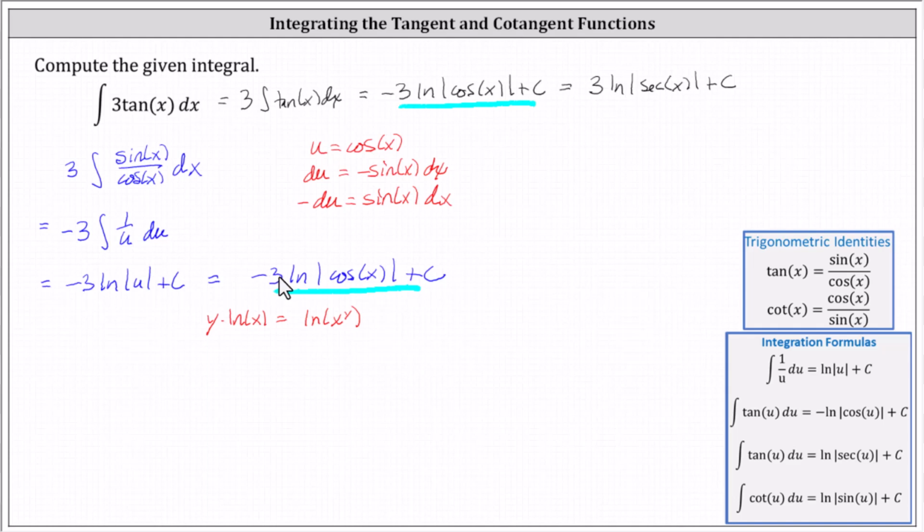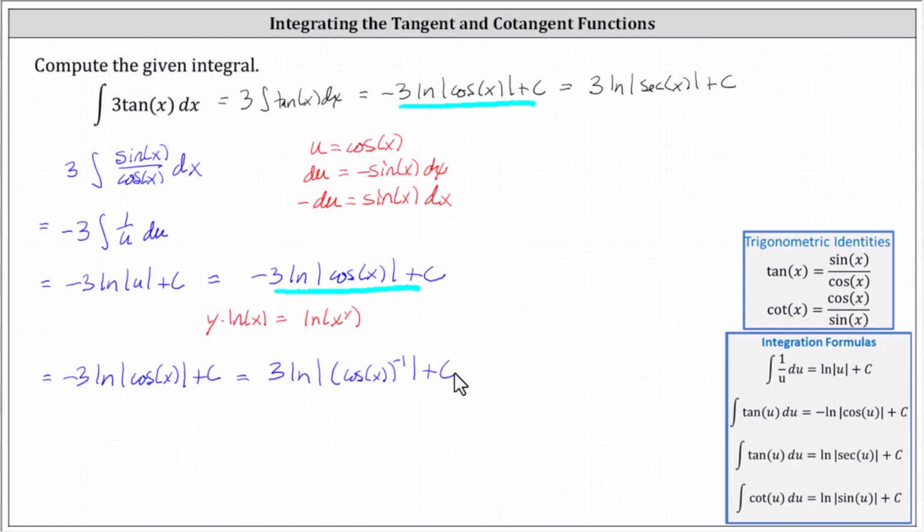Let's move the negative 1 to the exponent position on cosine x, which indicates negative 3 natural log absolute value of cosine x plus c is equal to positive 3 times natural log of the absolute value of cosine x raised to the power of negative 1 plus c.